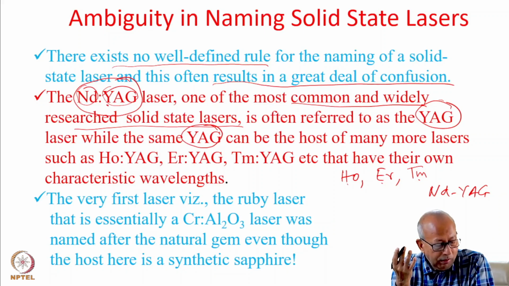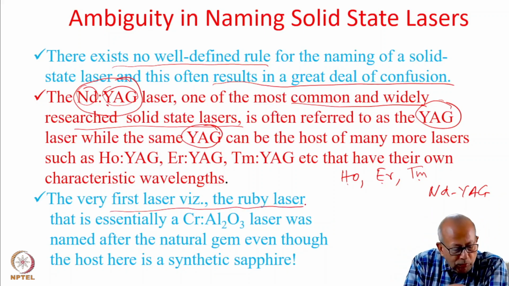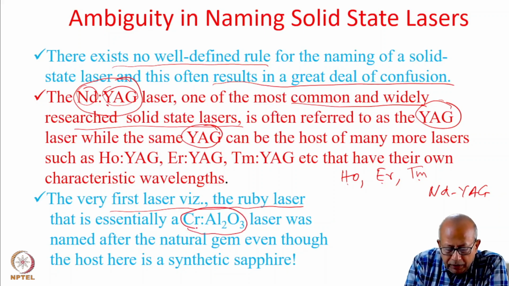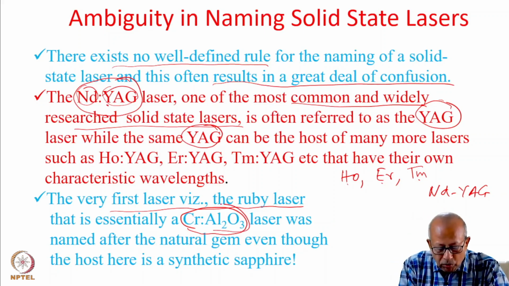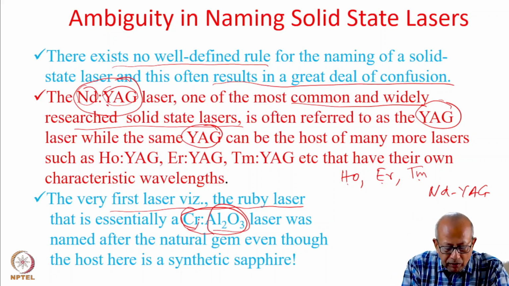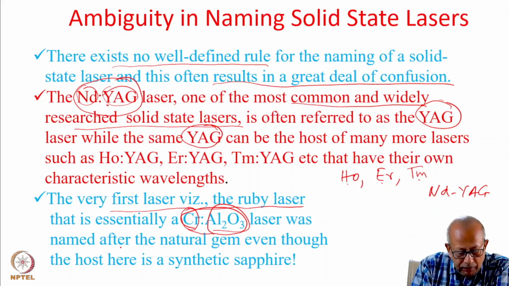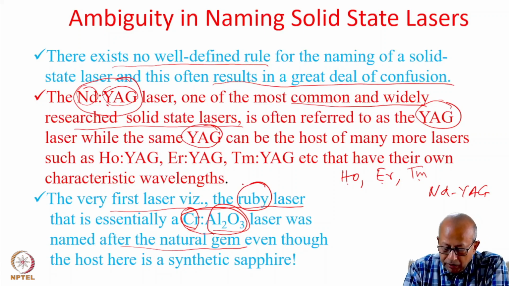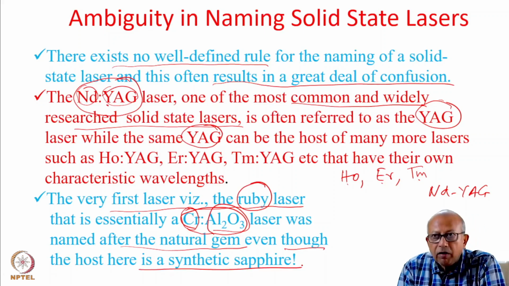And as a matter of fact, the very first laser, namely the ruby laser, is essentially a chromium doped alumina laser. In this case, this is the host and this is the light emitting atoms. And this is actually named after the natural gem, that is ruby, even though the host here is a synthetic sapphire.